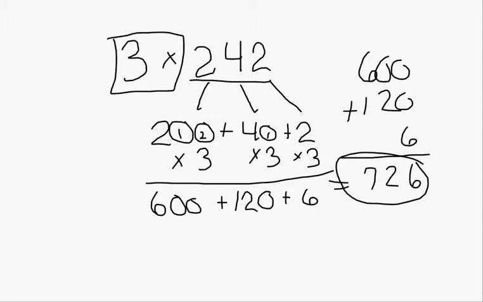Okay, let's try another one. So in your notebook, go ahead and do this one with me. Let's try 7 times 483. Go ahead and write that in your notebook. And let's do that expanded form for this number here, 483.